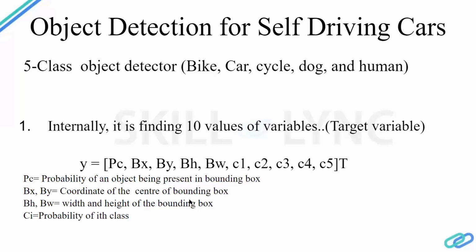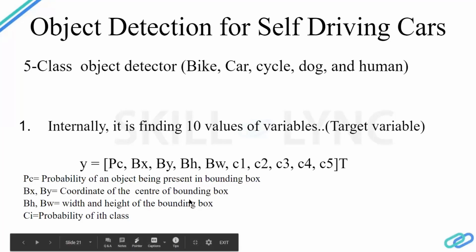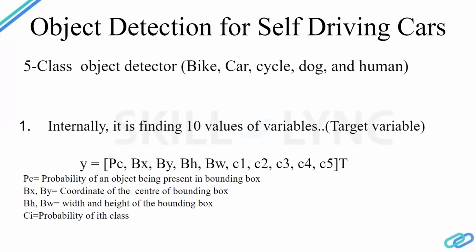So out of five classes, these five values are there: C1, C2, C3, C4 and C5. C1, for example, is the probability of the first class, which is bike. C2 is the probability of car. C3 is the probability of dog. That means in that bounding box, we have calculated the probability of each object, and whichever probability is highest, we will say this is that object.